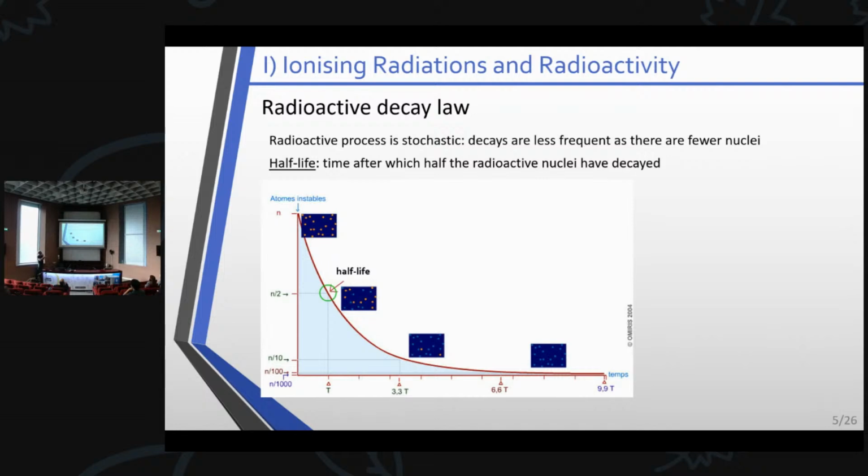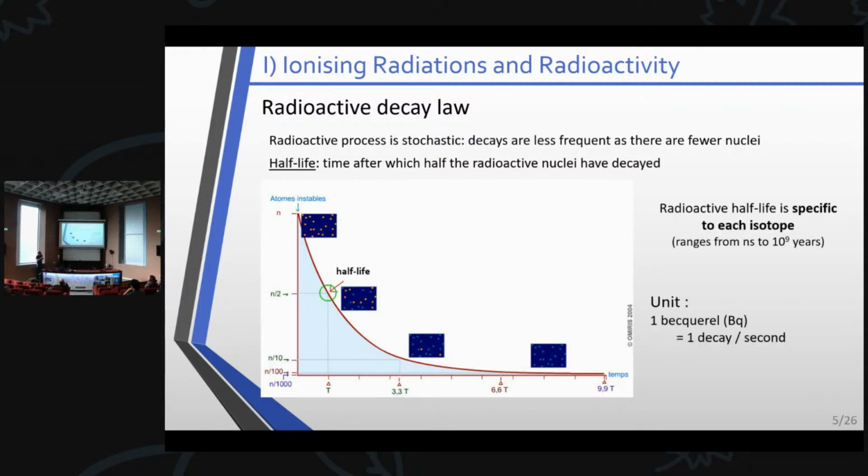In this process, you can see that the decay is slower and slower as time passes. The half-lives of the different nuclei are very, very different. You can have half-lives from nanoseconds to billions of years and higher. And we use a specific unit, which is 1 becquerel. It's equivalent to 1 decay every second.